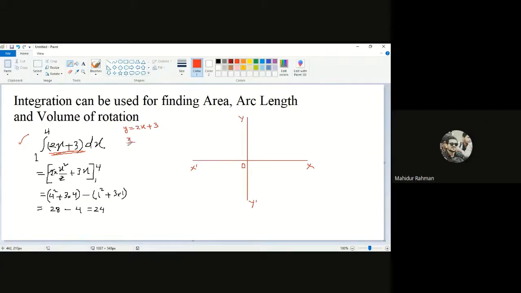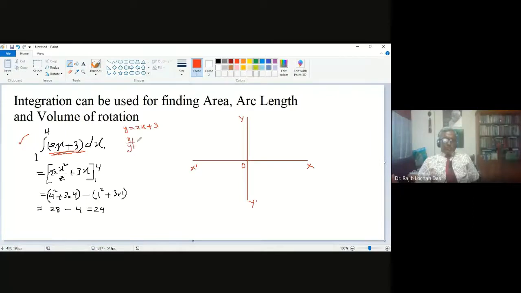Linear. Yes, it's linear. This will be a straight line. It is correct.